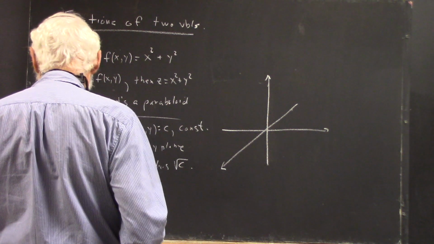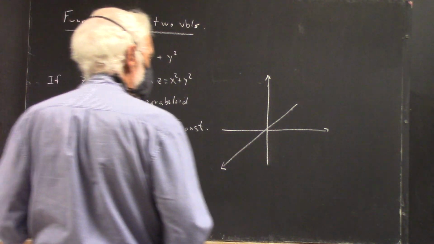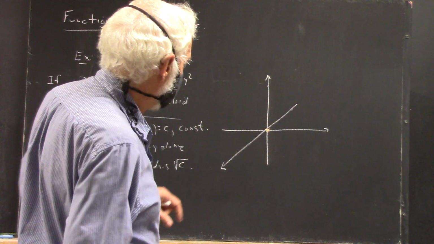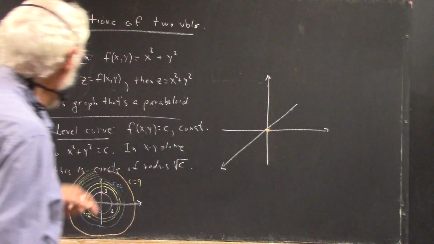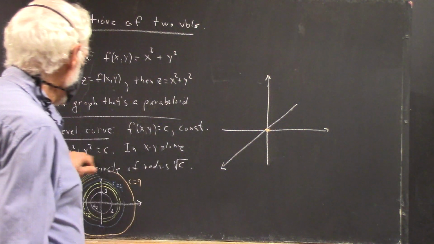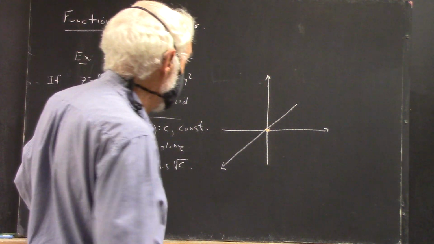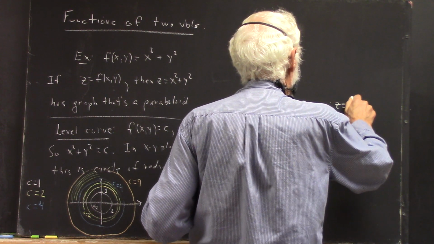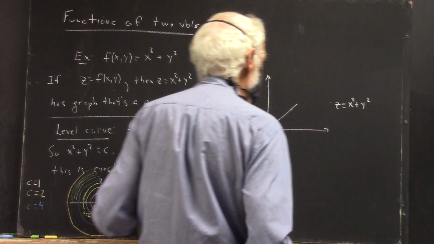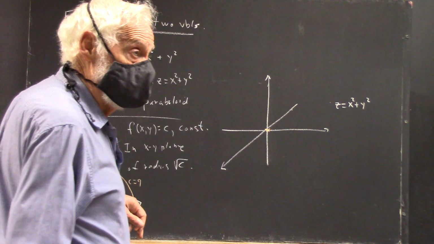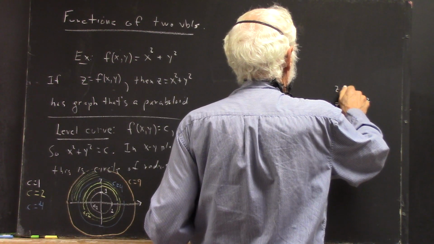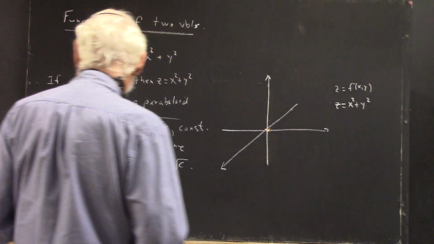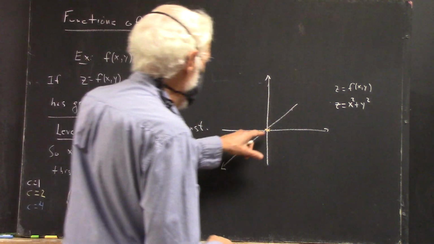So our c equals 0 curve in 3 dimensions, on a graph of z equals x squared plus y squared, in other words, on the z equals f of x, y curve, so we're going to get this, okay?